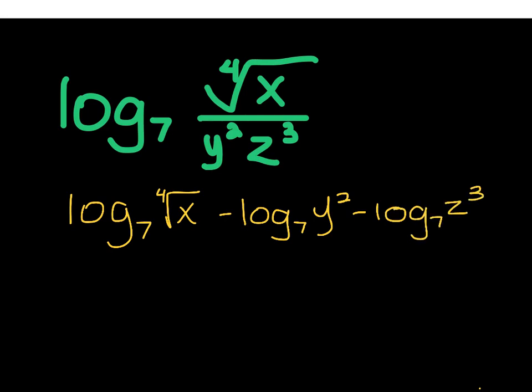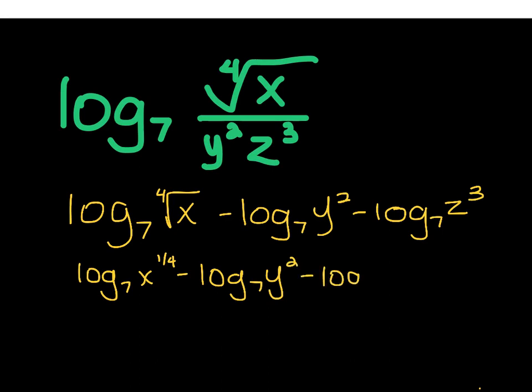Now, if the square root is 1/2, what is the 4th root? 1/4. And then what happens to all those exponents? Good. They move to the front of the individual logs.